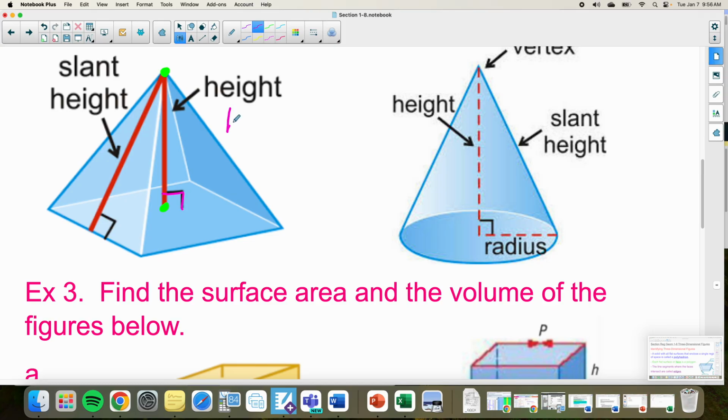That is called H. That straight up and down height is called H. Then you have a height that's slanted, that's actually on the face of the pyramid side, and that is called the slant height, and we use a cursive L for that.